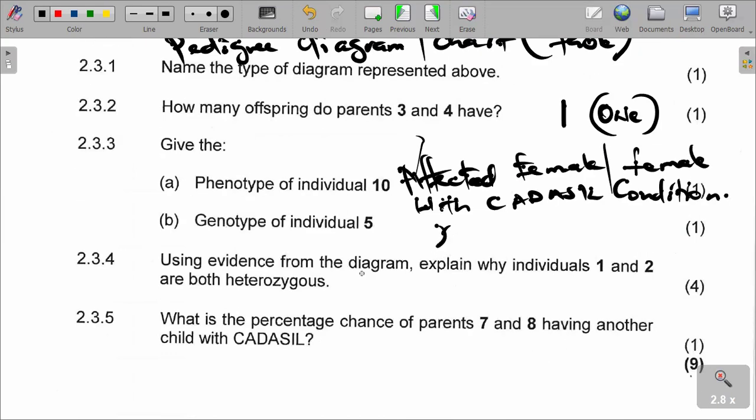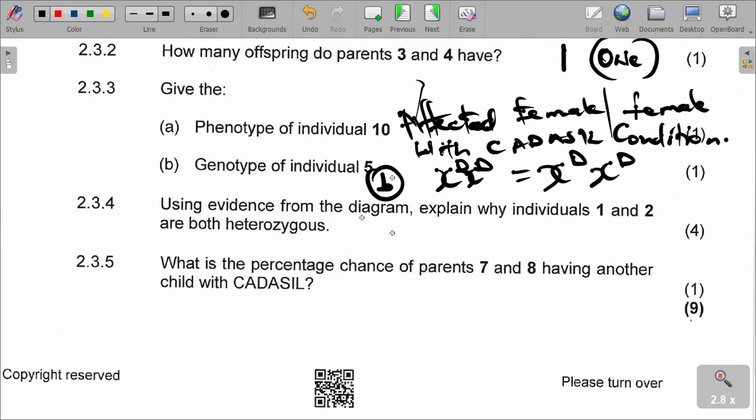According to the proofing of the question, this child must be affected. This is number 5, question B.